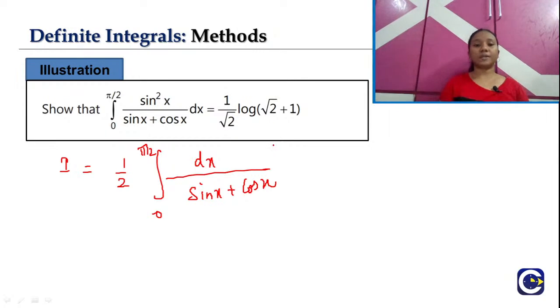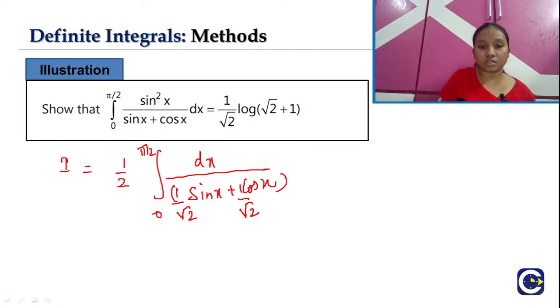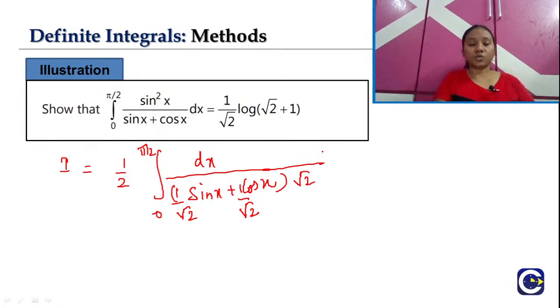Right. So here this sin x plus cos x can be converted into a sine function by multiplying and dividing with 1 by root 2. As I am dividing here by 1 by root 2, I have to multiply in the numerator, which means here. Yes or no? So if I do it, what will my expression turn out to be?